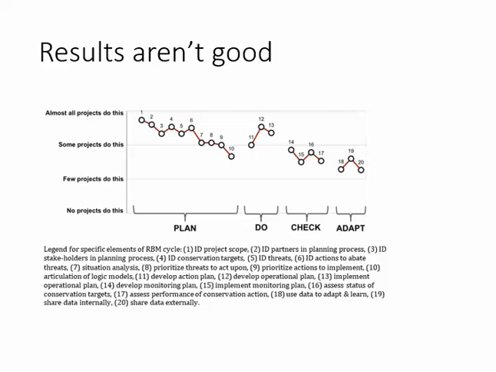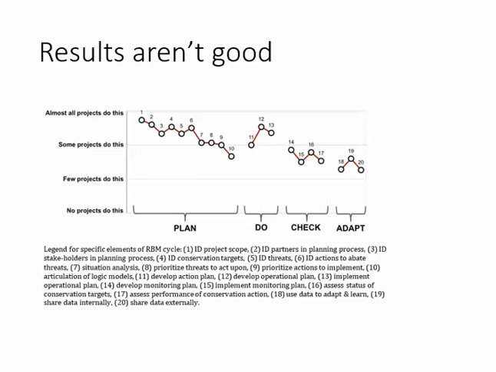The language on 1 through 20, you can pause this and read those words, but they represent different steps in the process of doing results-based management. It includes scoping the project, getting partners, identifying who the partners are, including stakeholders, identifying the threats, etc. This is very much after the open standards.